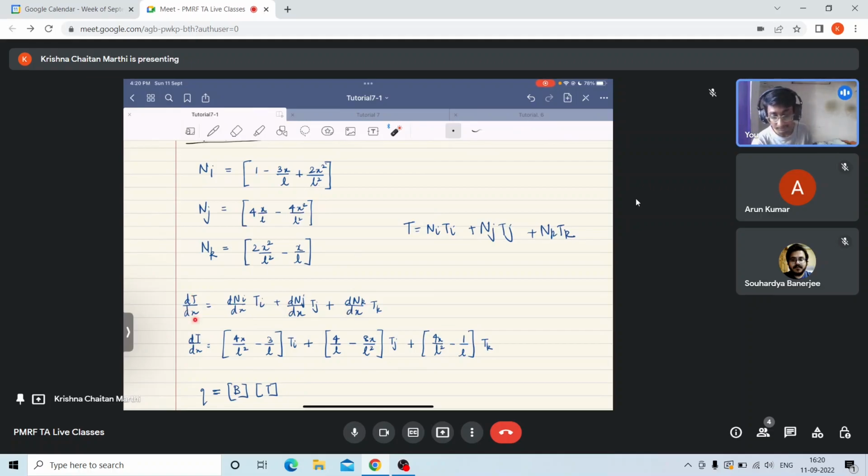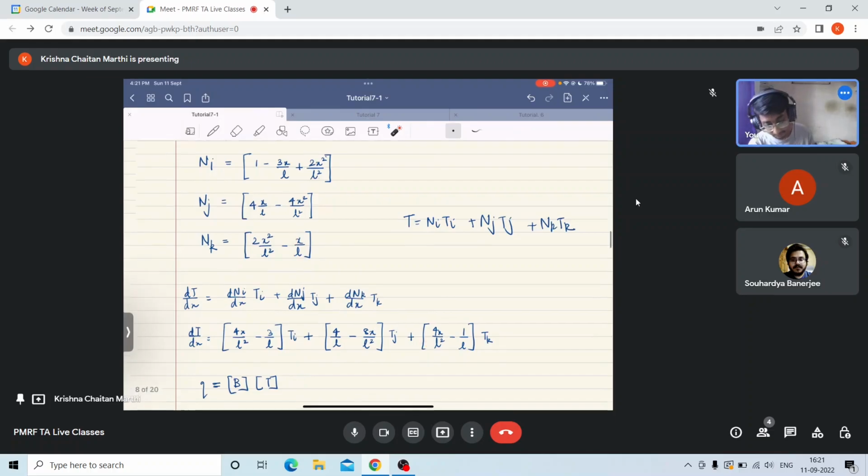So dT by dx equals dNi by dx Ti plus dNj by dx Tj plus dNk by dx Tk. So my dT by dx is equal to 4x by L square minus 3 by L Ti plus 4 by L minus 8x by L square Tj, and from this I got 4x by L square minus 1 by L.